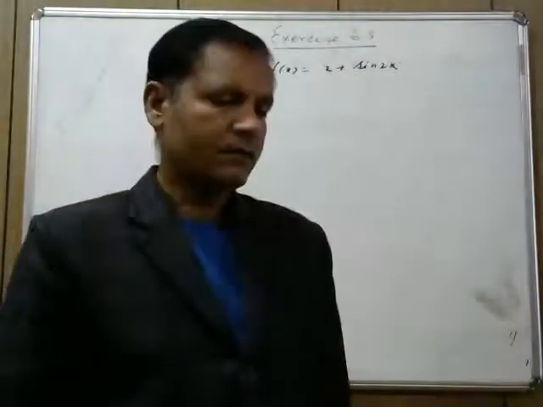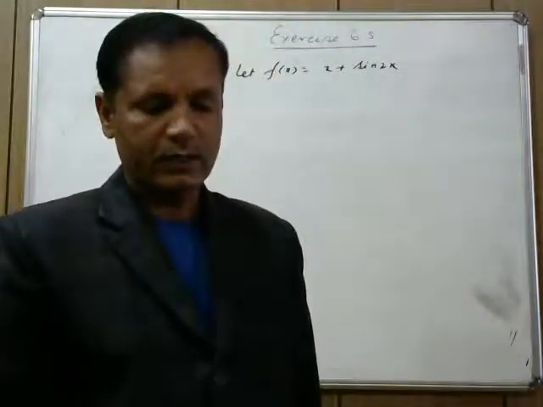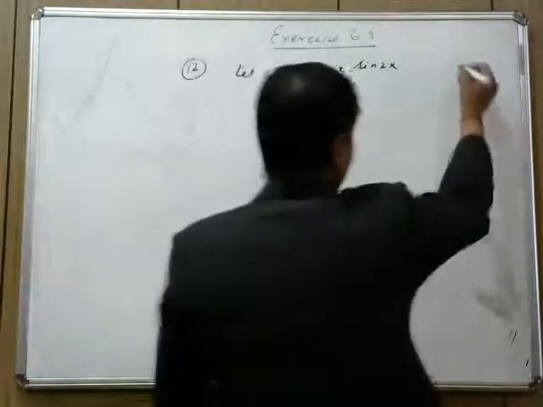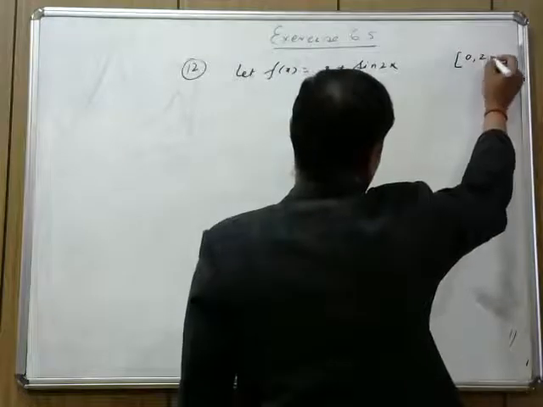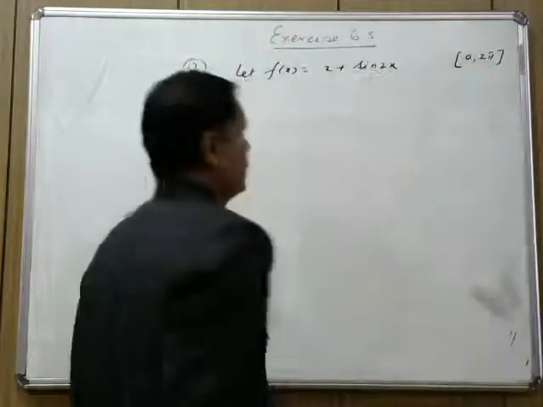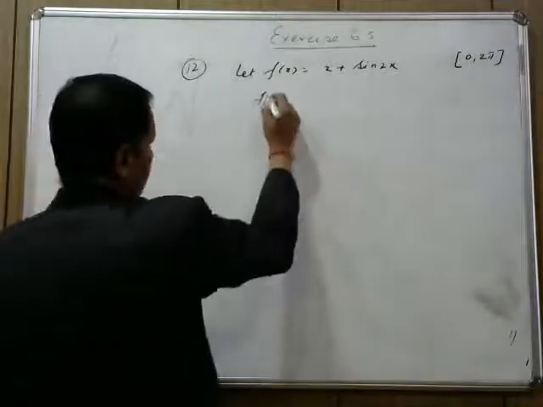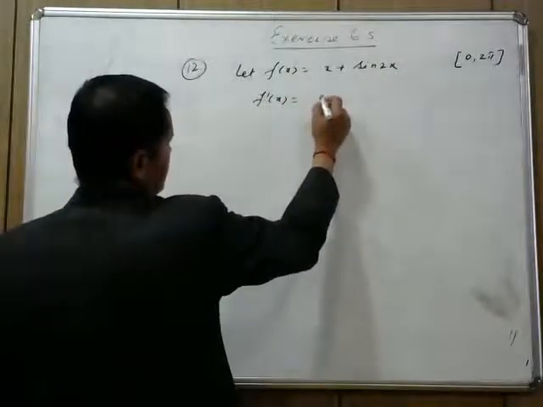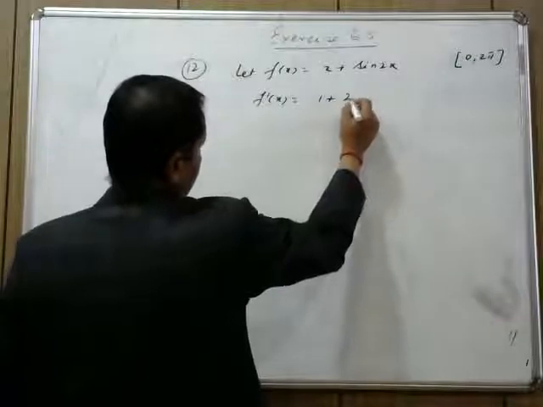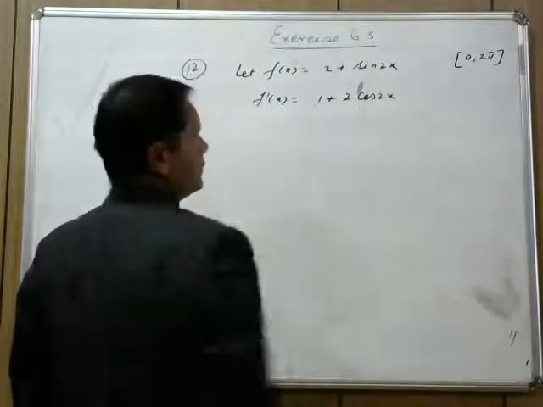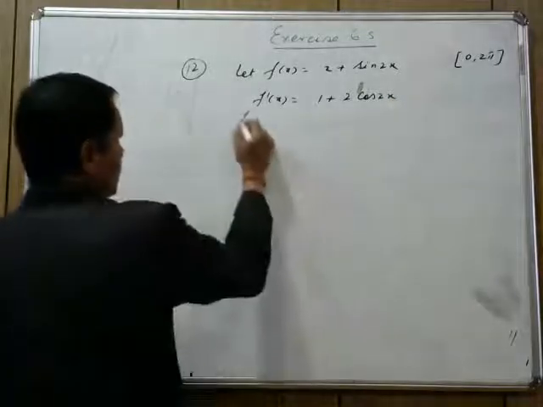We are asked to find the maximum value and the minimum value in the interval 0 to 2 pi. That means again I have to find the absolute maximum and absolute minima. Therefore, f dash of x is equal to 1 plus 2 cos 2x, right, for maxima minima.